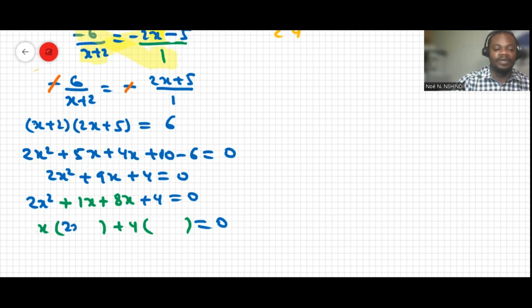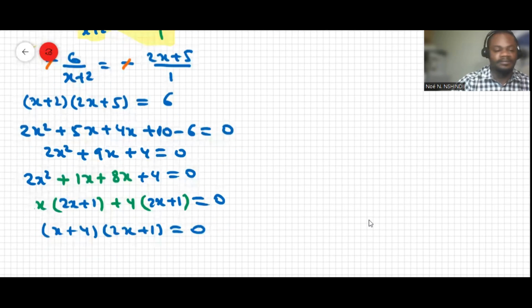That will be like 2x plus 1, 2x plus 1, and that makes x plus 4, 2x plus 1 equals 0. And then x is equal to -4 or x equal to -1/2. These are the values of x.